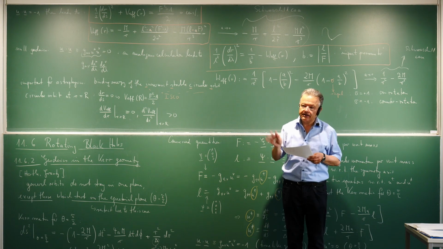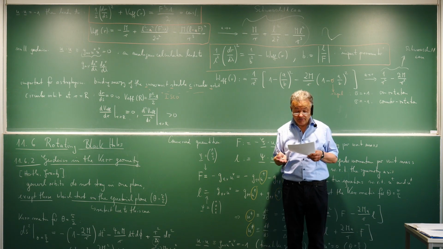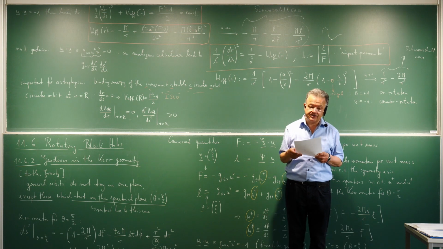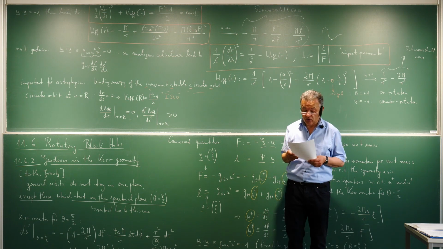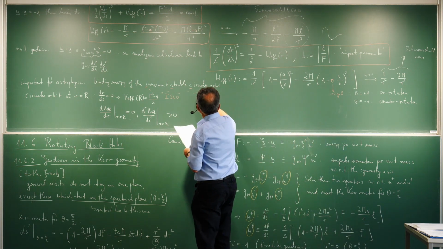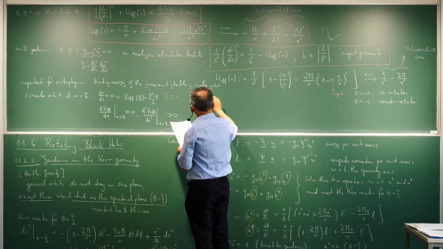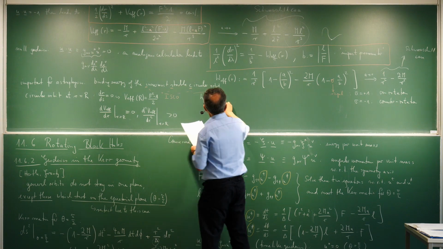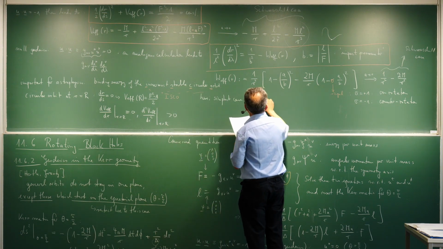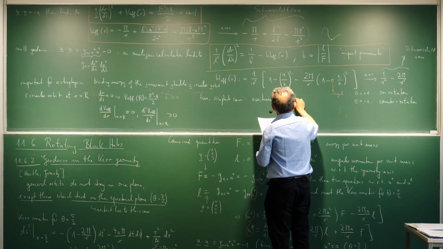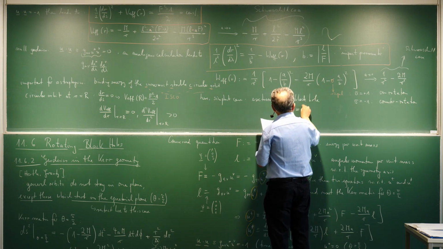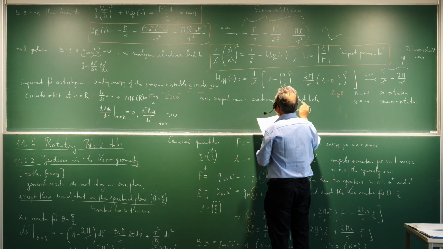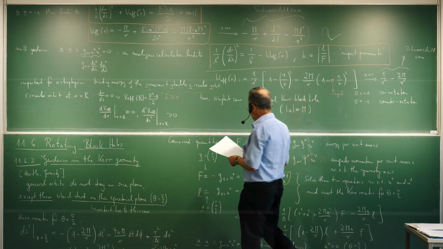Let me here at the blackboard only depict the simplest case, which is the so-called extremal Kerr black hole, characterized by the absolute value of A equal to M. The simplest case for an ISCO.